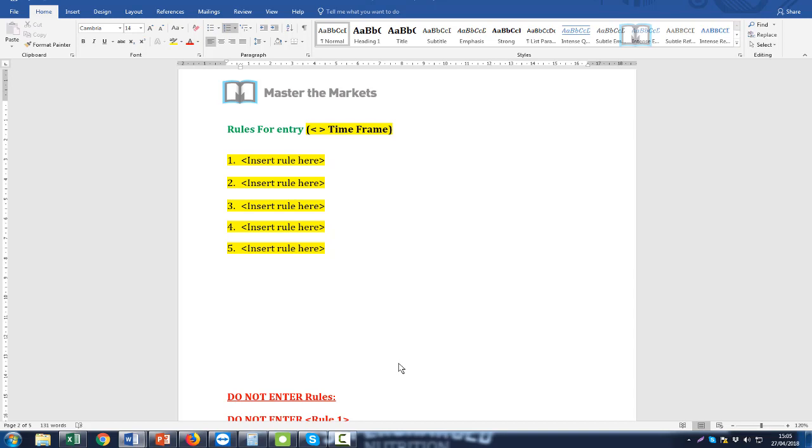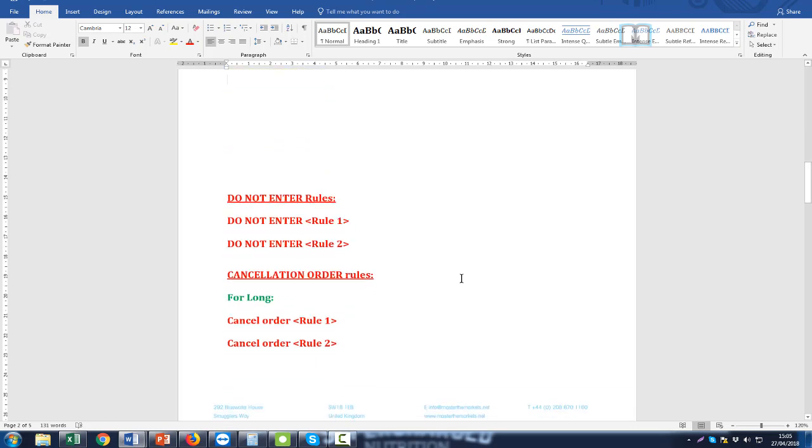But what we're doing here is we've quantified all of the rule sets. So for example, we will look at a particular price action pattern and say, the close of the next bar needs to be above the high of the previous bar, and we will look for specific quantified rules like that. So you need to have quantified rules inside your rules for entry.